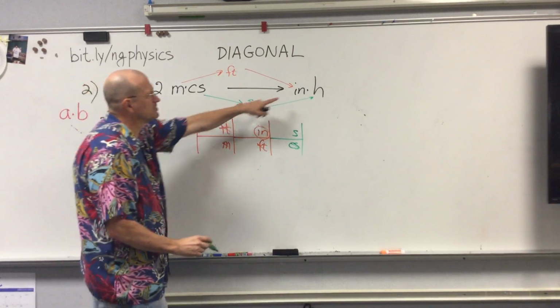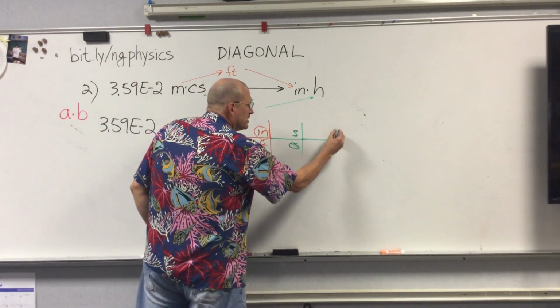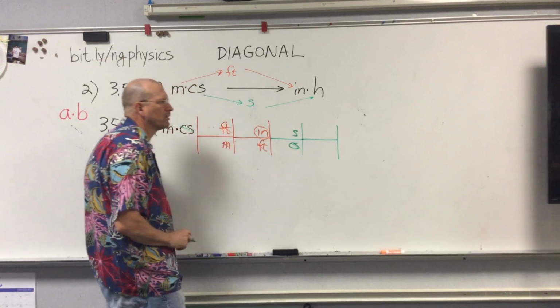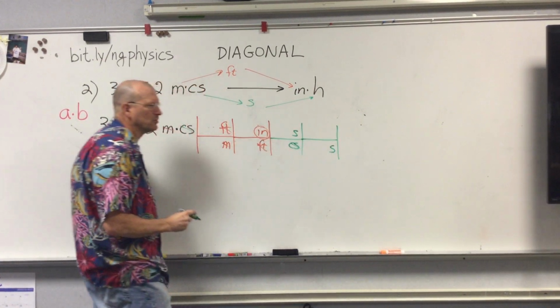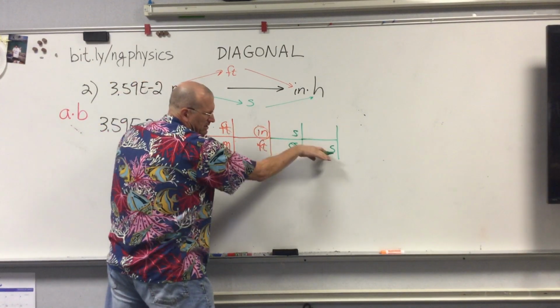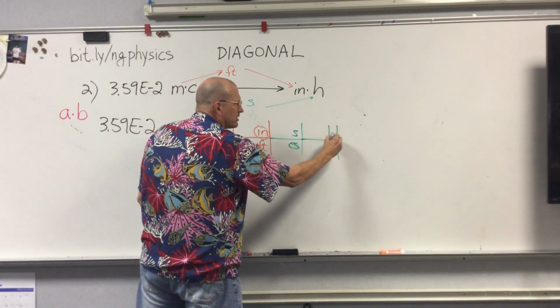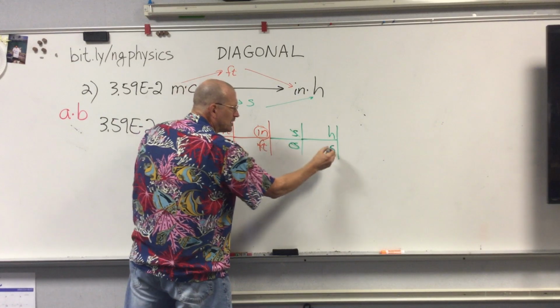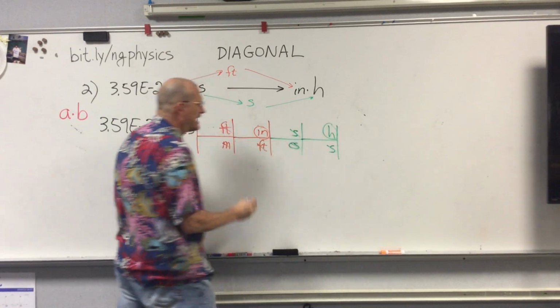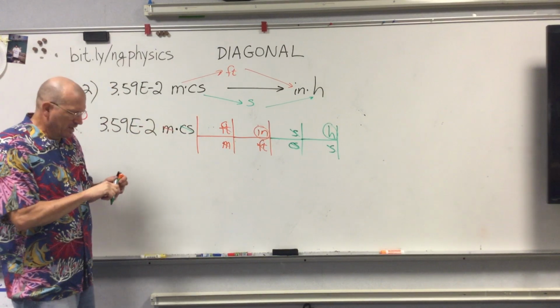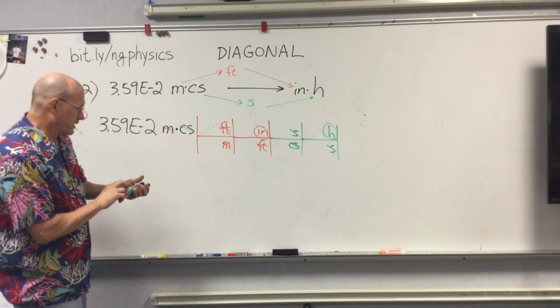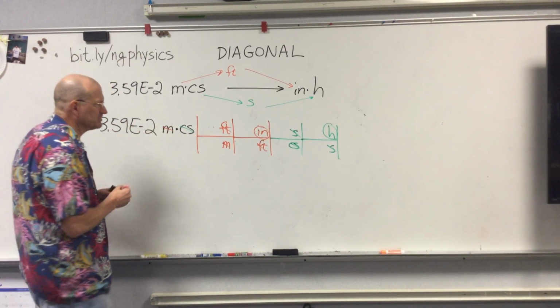And then I want to go from seconds to hours, which would require one more magic H. And again, to keep things diagonal, the seconds has to be in the denominator here, and we're going to convert it to hours so that these cancel, and I have my inches and I have my hours, and they're both in the numerator. At this point, we can go back and fill in values.